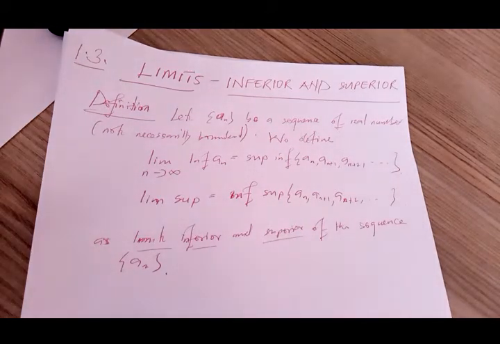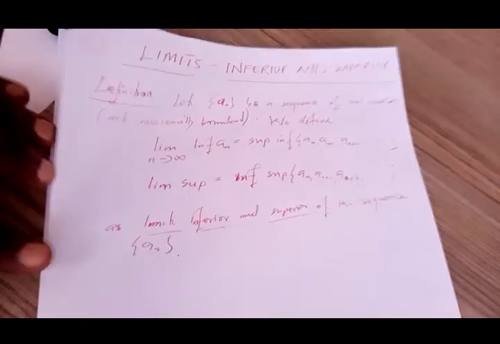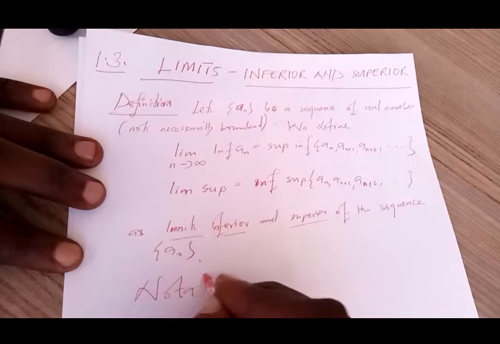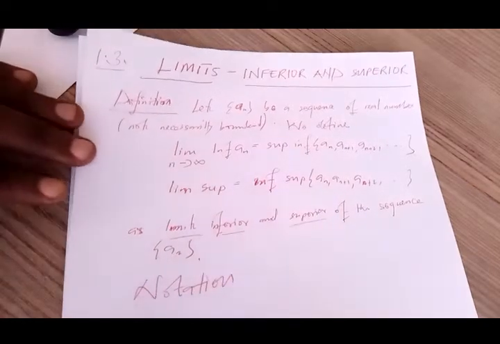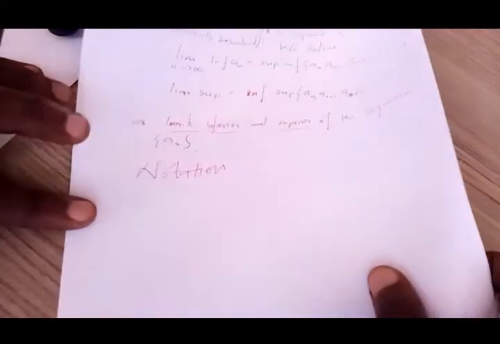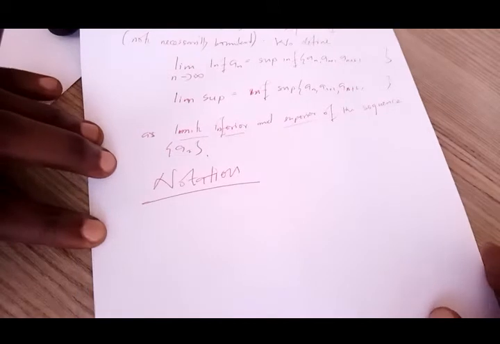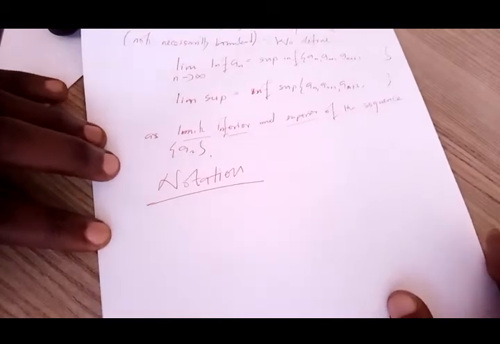Now, notation. Since we are going to be talking about this, let's look at the notation. How are we going to be writing this? How is this going to be noted? So the notation that we are going to have will be as follows.